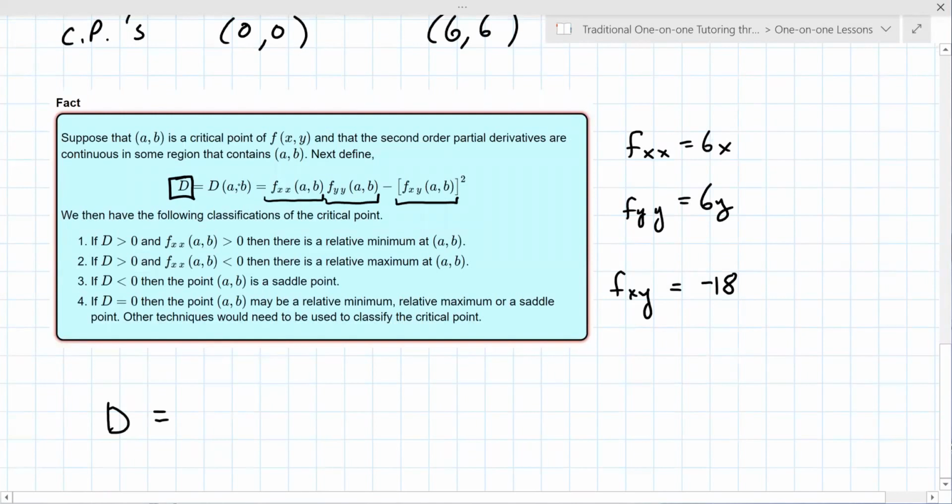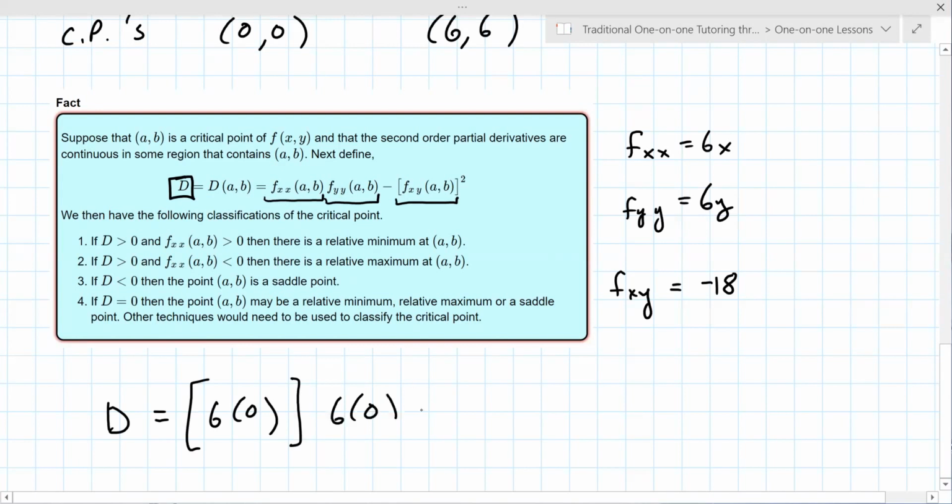First thing is you have to evaluate the second derivative, fxx, at 0, 0. So first do it for this point 0, 0. So this first part is 6 times 0, which is 0, which means it doesn't really matter what the other is, but we'll just keep going here.